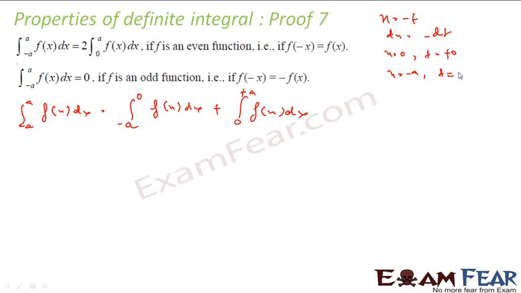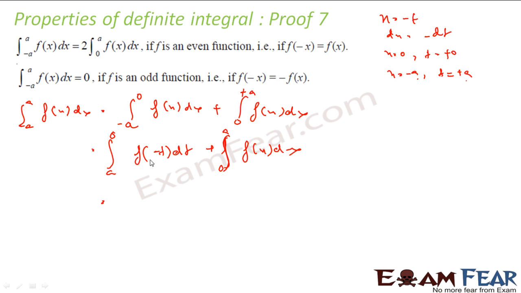X is equal to minus a, t becomes positive. So this guy I can write as x is minus t, so f(minus t) dt. And this guy becomes, if you see, minus a becomes a, and 0 is 0 itself, plus integral of f(x) dx from 0 to a.